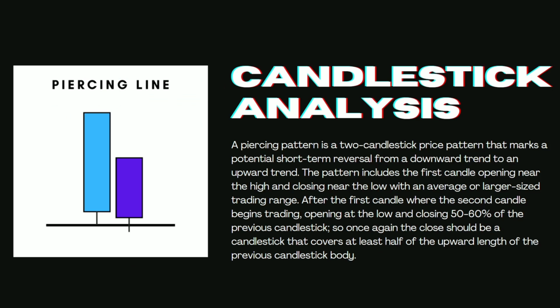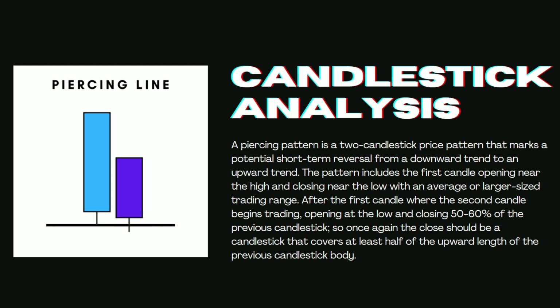The opposite of that is the piercing line formation. A piercing line pattern is a two candlestick price pattern that marks a potential short-term reversal from a downtrend to an uptrend. The pattern includes the first candle opening near the high and closing near the low with an average or larger size trading range.